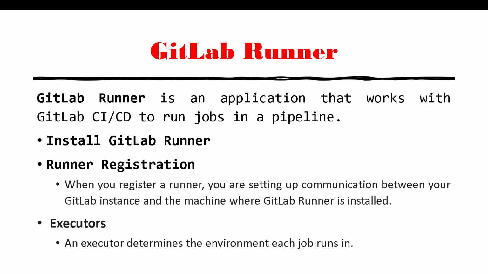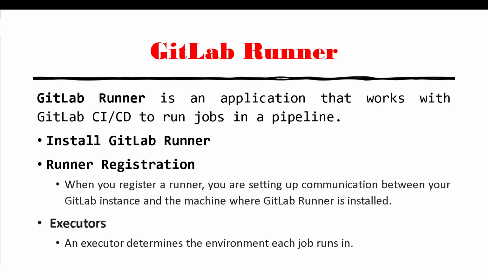Okay, and the final step is the executors. Now, what are executors? It determines basically the environment each job runs in. So what that means is, if you want your CI CD job to run in a particular environment, assume that if you want to run in a Windows server, then you run PowerShell commands, right?